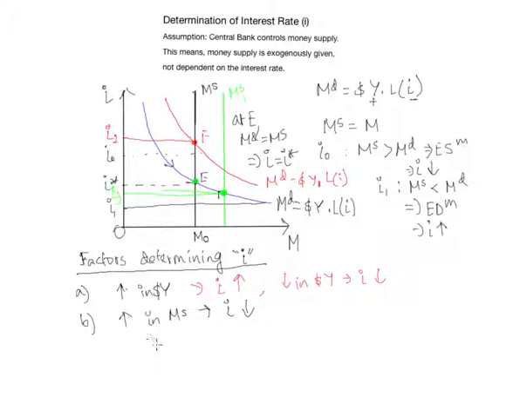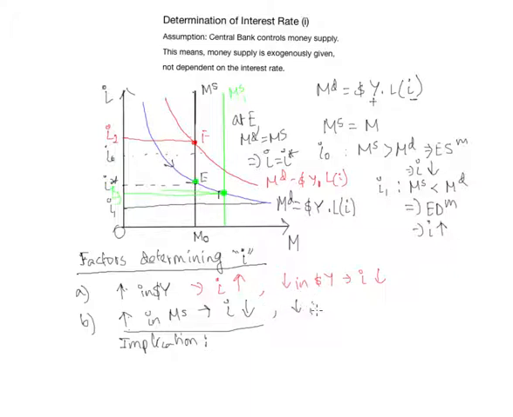Now what is the implication of B? A change in money supply is the same thing as a change in interest rate, right? When money supply is increased, interest rate decreases. When money supply is decreased, if MS shifts to the left, you can show that interest rate increases.